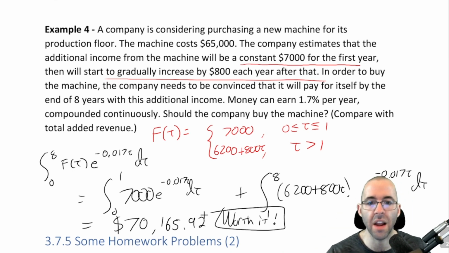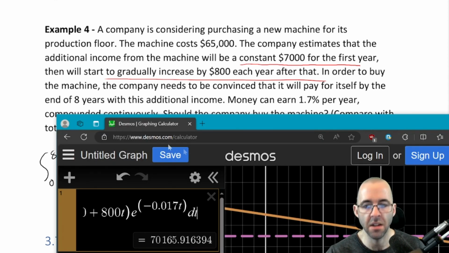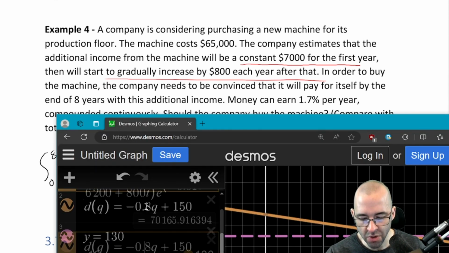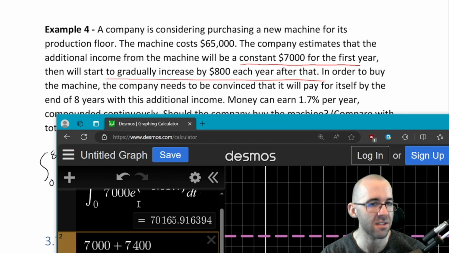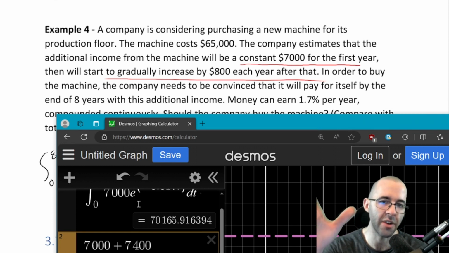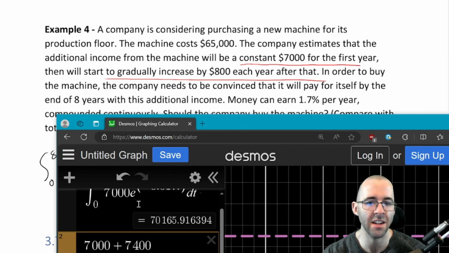of 65 grand. Now, I want to compare this with the total additional revenue from this machine, right? The actual total revenue from this machine is different from the present value. The machine's giving us $7,000 the first year, essentially $7,400 the second year because it starts at 7,000 and then it's increasing for a whole year by 800. So it averages out to be 400 over on that.